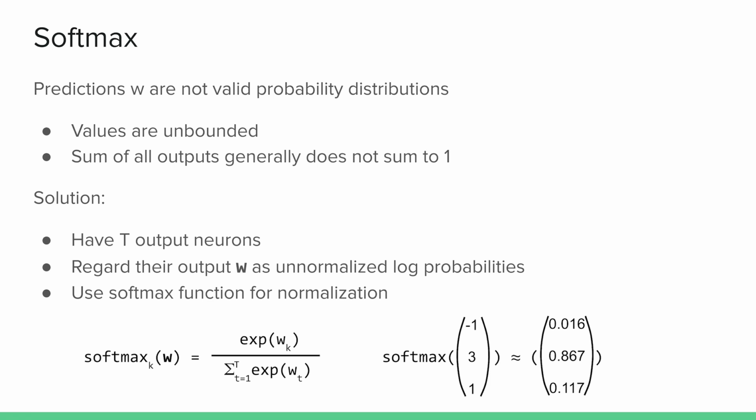And there you go, you have a probability distribution. So in our case here, the softmax would turn the values -1, 3, and 1 into these probabilities here, and you can see the correlation: a high value is a high probability for a certain class.